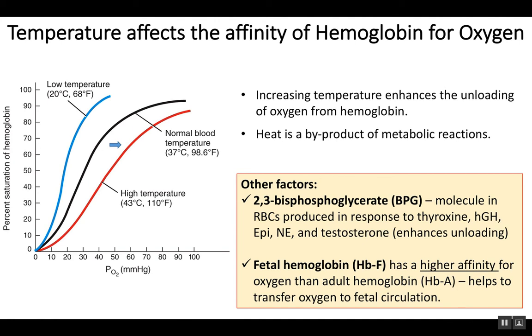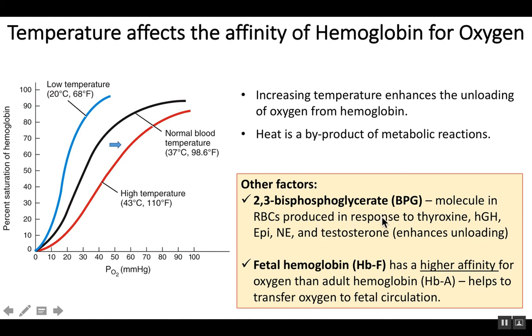A couple other factors. Here's that BPG molecule, 2,3-bisphosphoglycerate. It's a molecule that is produced inside of red blood cells in response to certain hormones. Notice all of these hormones are involved in increasing metabolism. Thyroxine, thyroid hormone, human growth hormone, epinephrine and norepinephrine during fight or flight responses, and testosterone.